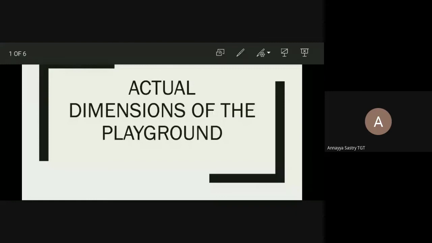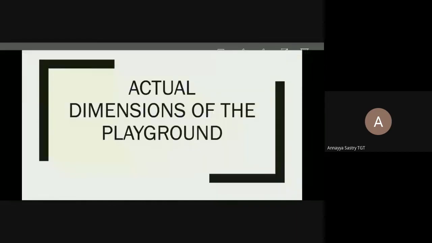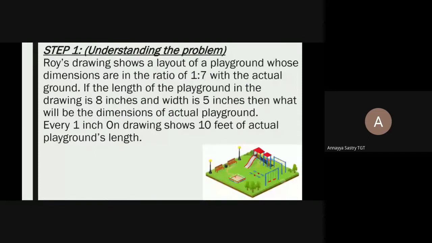So, sir, I have taken a problem of finding the actual dimensions of a playground. My problem is that Roy's drawing shows a layout of a playground whose dimensions are in the ratio 1:7 with the actual ground.